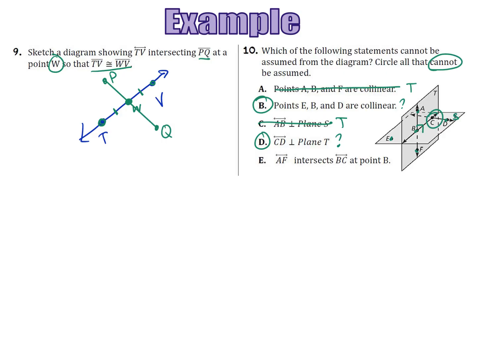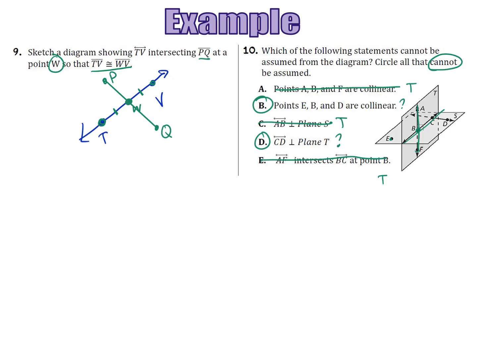And lastly, line AF intersects line BC at point B. So if, let's clear this up a little bit, I look at line AF and I look at line BC, they are crossing at point B, so this is true. And the only things that I cannot assume to be true are B and D.